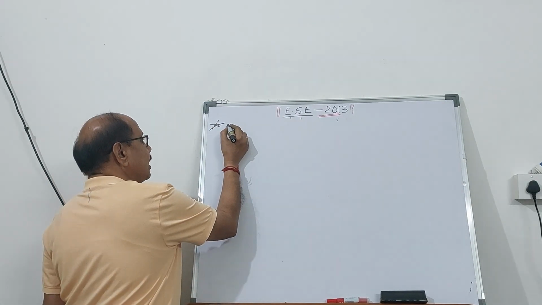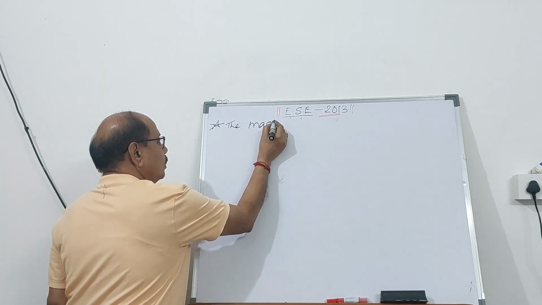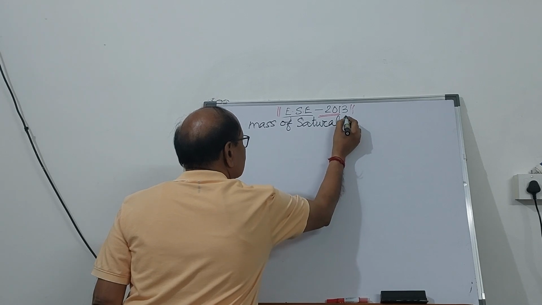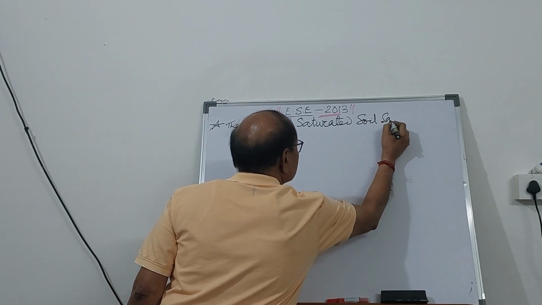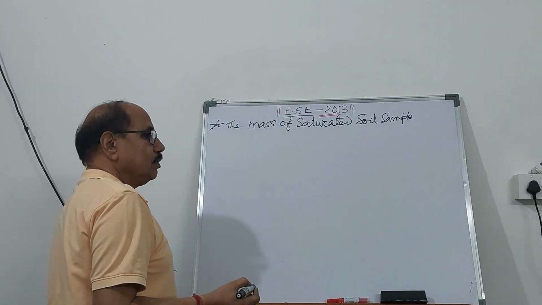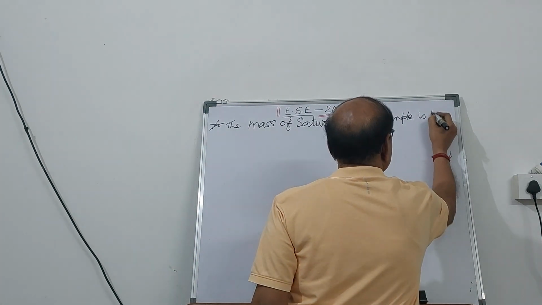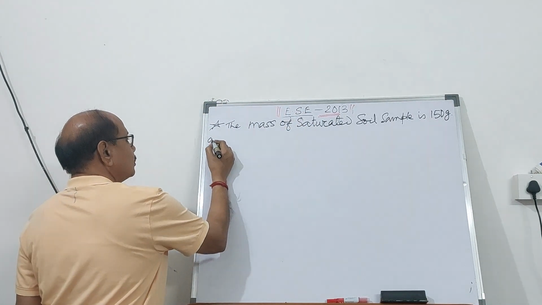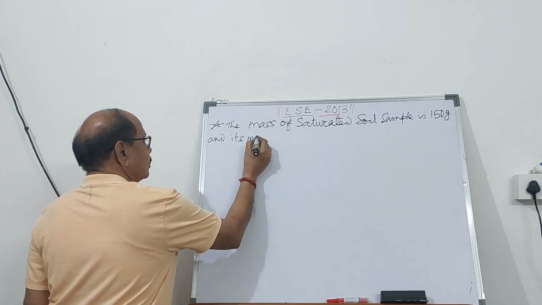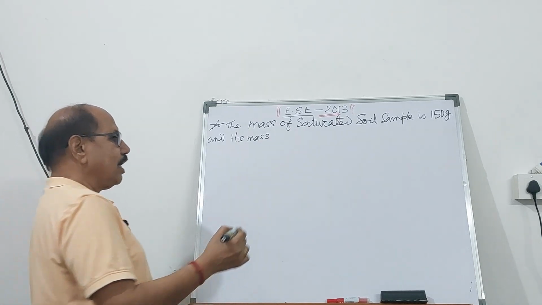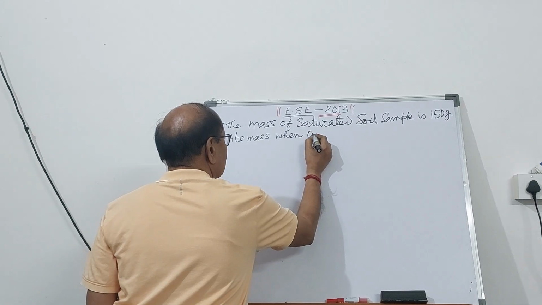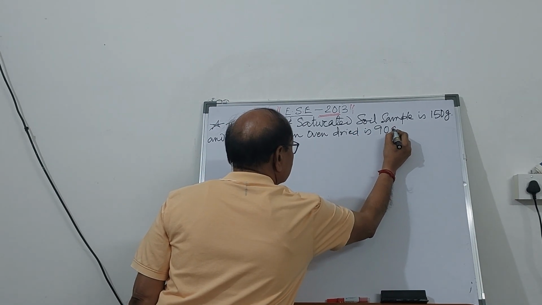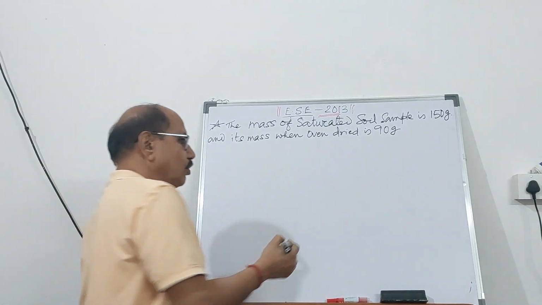The mass of a saturated soil sample is 150 grams, and its mass when oven dried is 90 grams. Find the water content.